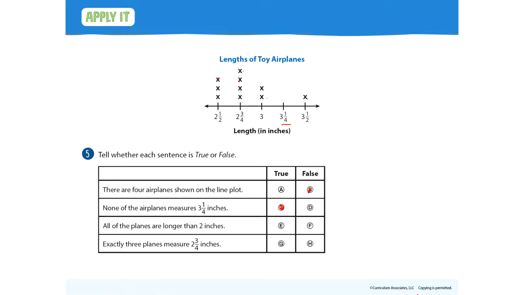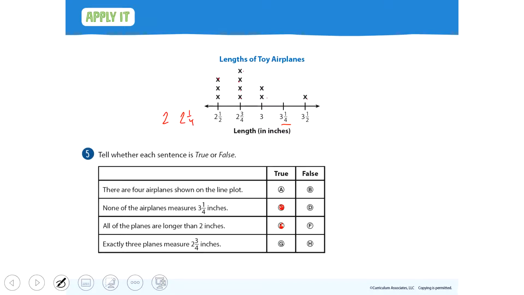If I look at a ruler, I know that all of these numbers are past 2 inches, because 2 would be over here, before this I would have 2 1/4, and then 2. So yes, all of them are longer than 2 inches.